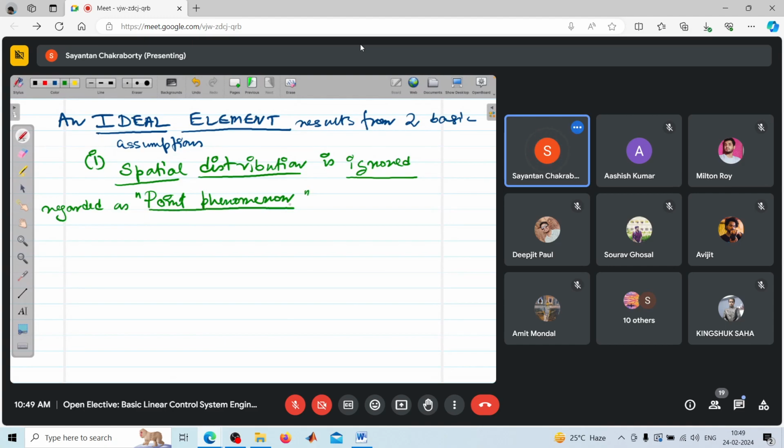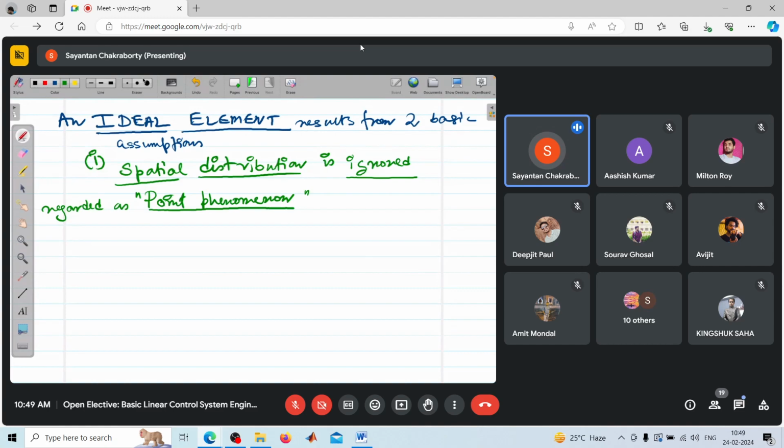For example, we consider the entire mass which is distributed over space to be concentrated at the center of mass. A temperature in a room which is distributed over the room can be considered to be the temperature of the room at any convenient point in the room. So this is the point phenomenon. Similarly, the resistance, which is distributed over the length of the conductor, is assumed to be concentrated at a particular point as a lumped resistance.